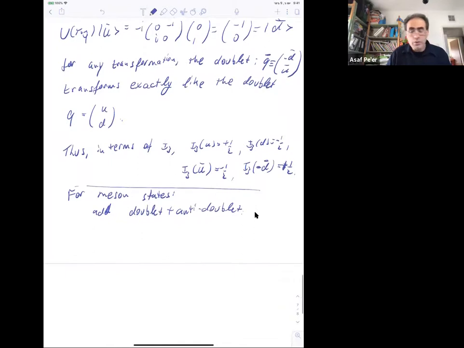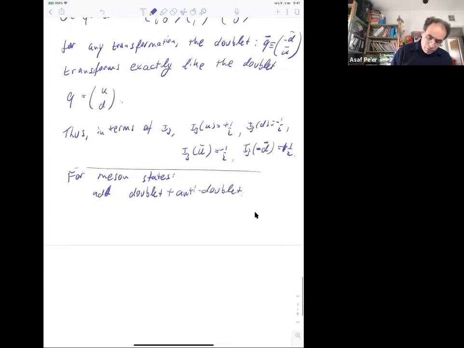You can have either total isospin equal to 1 or equal to 0. So if we have I equal to 1, we have three options. Either the I3 is 1, or it's 0, or it's minus 1.